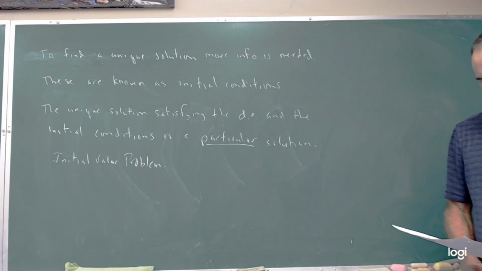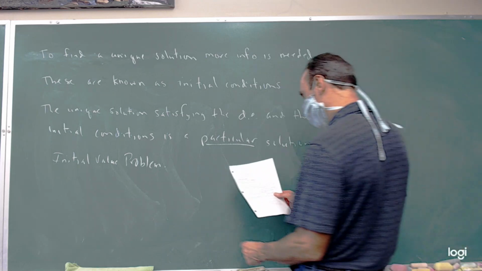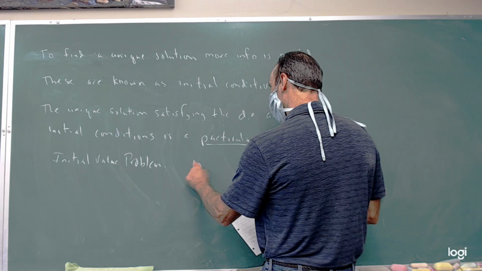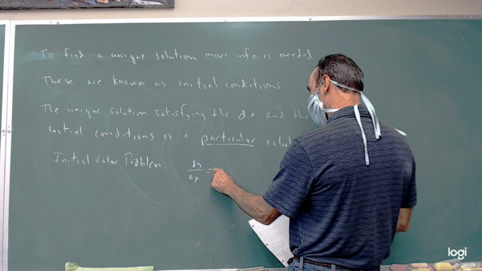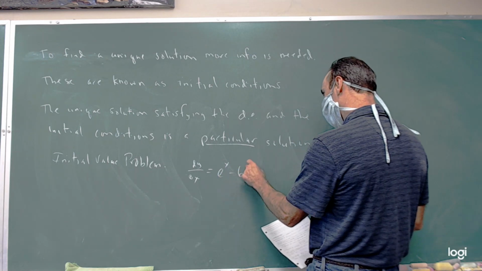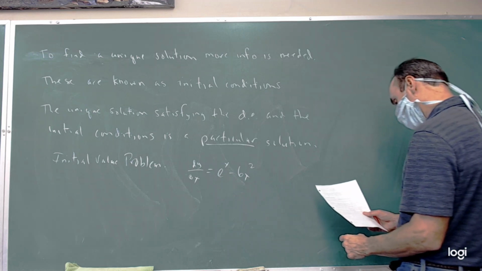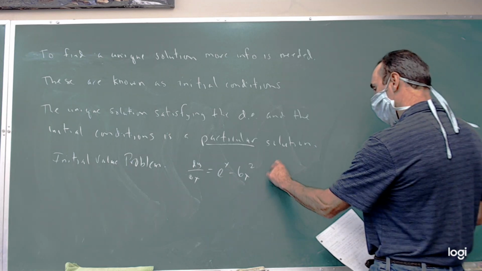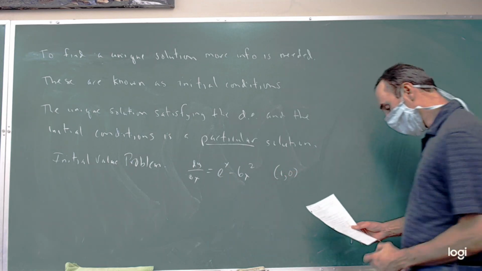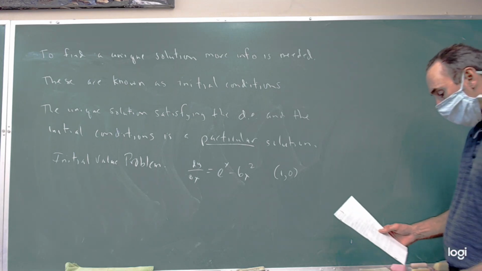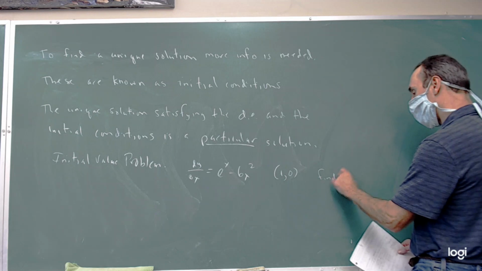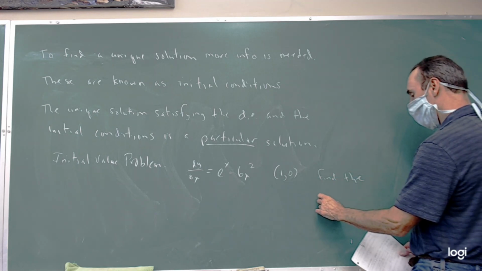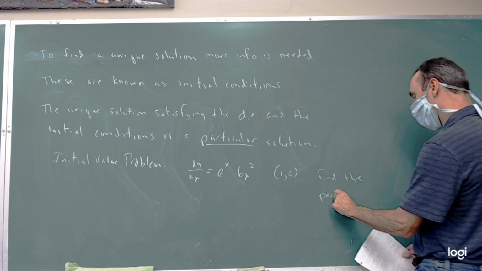So, for example, if we have dy/dx equal to e to the x minus 6x squared, and we have the initial condition (1, 0), and we find the particular solution.